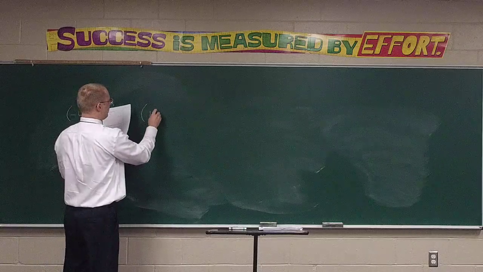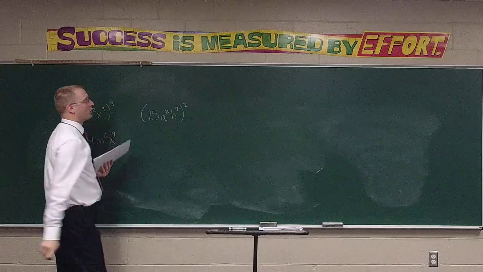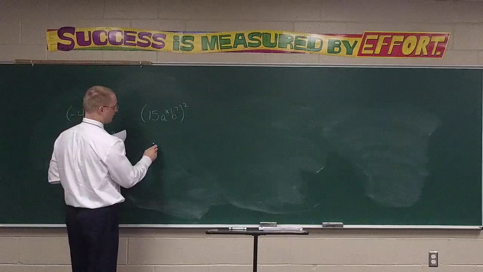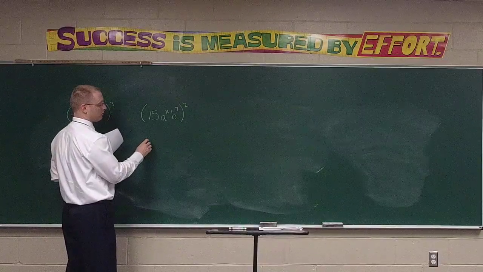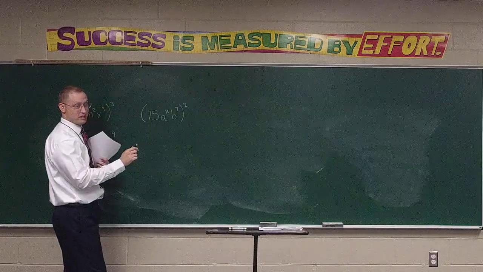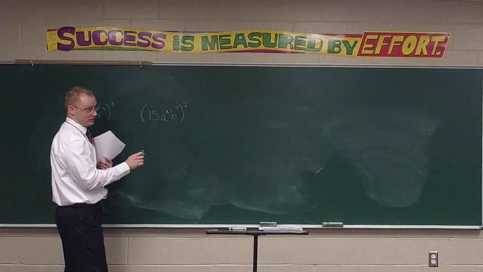So, if I had 15 a to the x, b to the 7th, squared, what would I get for my answer? Noah? Ooh, 15 squared should be memorized. You're going to have a hard time next year if it's not. And the year after.